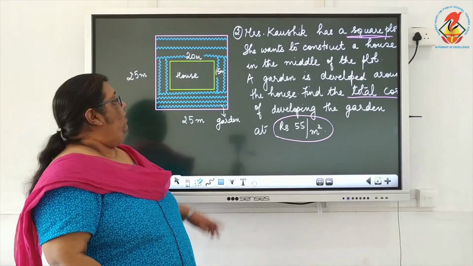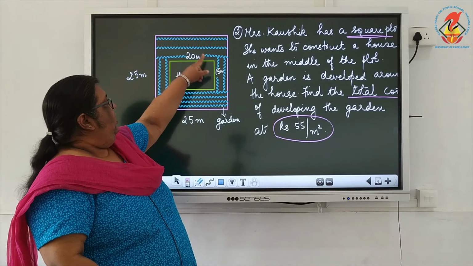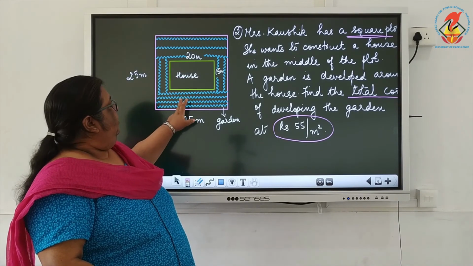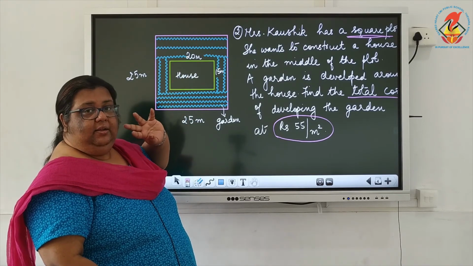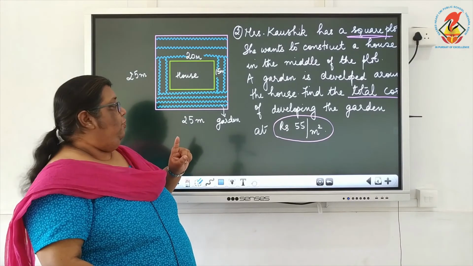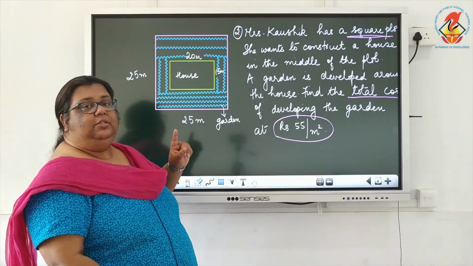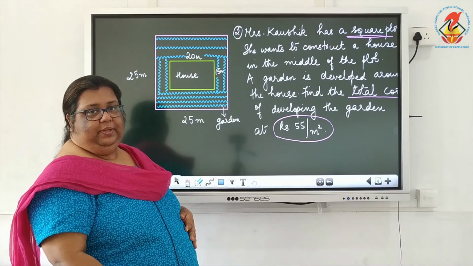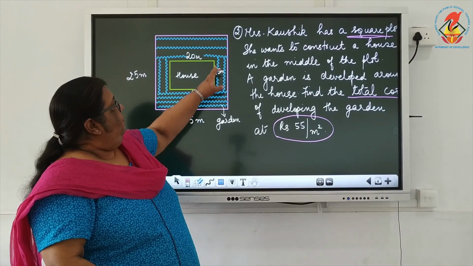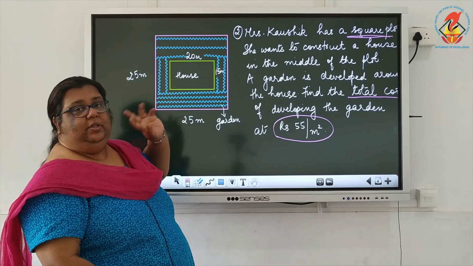Rectangular shape. And around the house, we can see she wants to make a garden. Okay, the blue colored is the garden around the house. And they are saying for 1 meter square, the cost of the garden is 55 rupees. So what will be the total cost of developing the garden around the house?